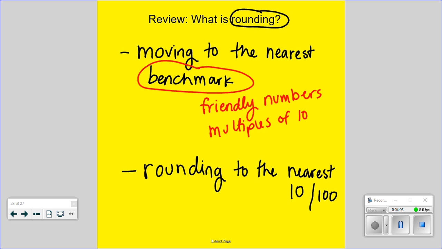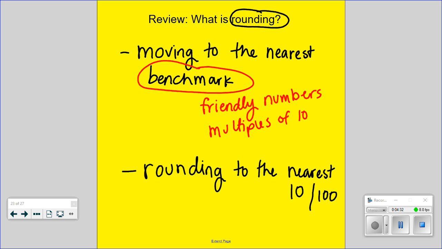William, if we're rounding to the nearest 100, how many numbers are going to be on my number line? What do you think? Anybody know?